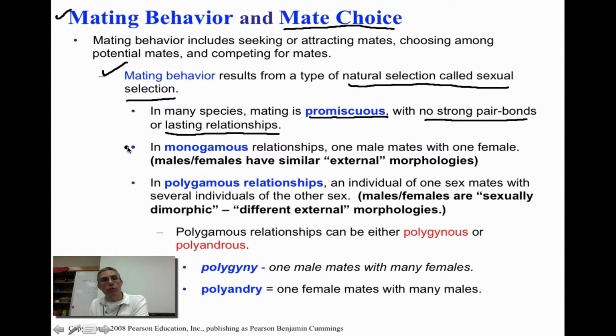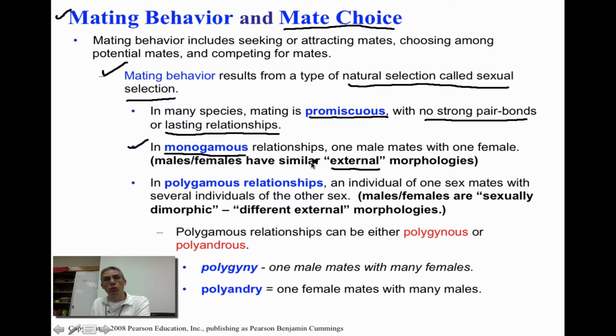If you are a group of animals that are considered monogamous, then one male mates with one female, and they don't tend to change mates. In other words, once they have established this relationship, it tends to last for a very long time. Males and females of these types of animals tend to have very similar external morphologies.